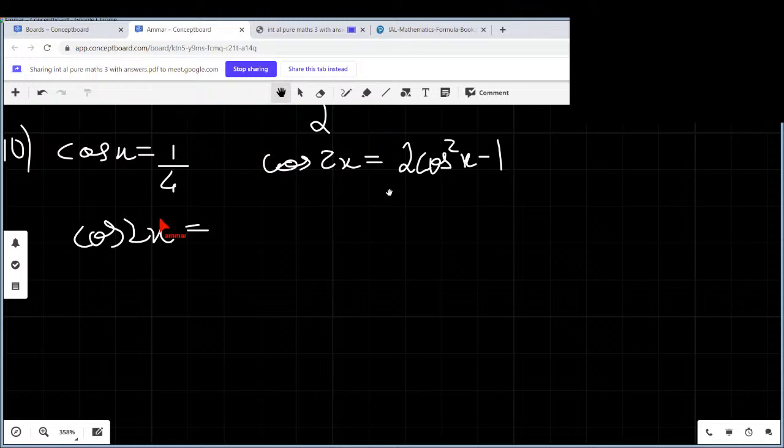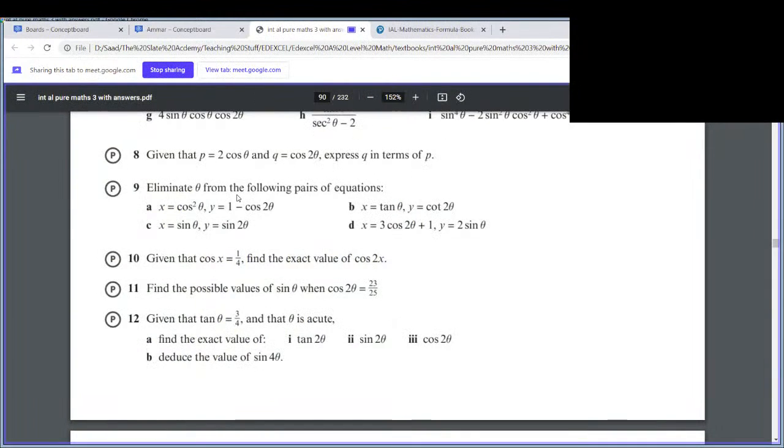Oh, yes, that would make sense. 2 cos squared x, cos squared x is 1 by 4, 1 by 16, 1 by 8. 1 by 8 minus 1. Which is equal to minus 7 by 8. Okay, whatever.